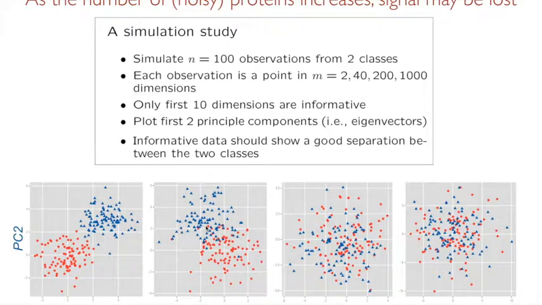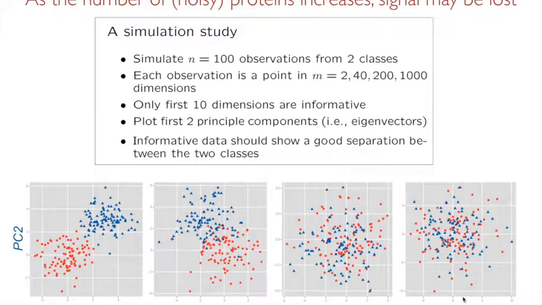Next, they have 40 dimensions. So now 10 really have differences, but 30 are just noise between the groups. You see how the blue and red points start overlapping. Next, they have 200 features, and there is an overlap. And the next is at 1,000, and you cannot tell things apart anymore. And so this is what happens.